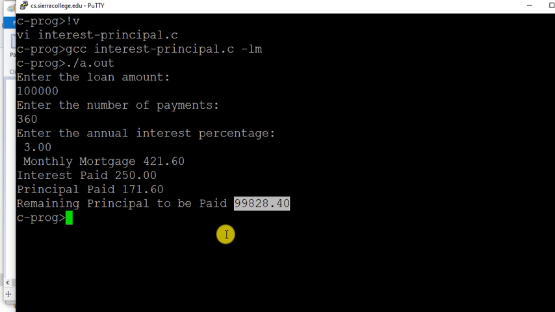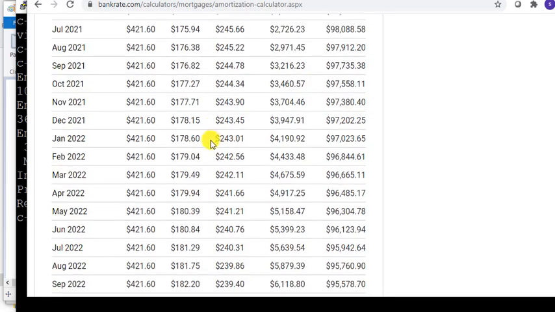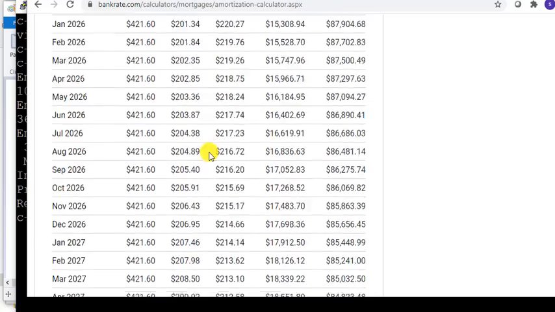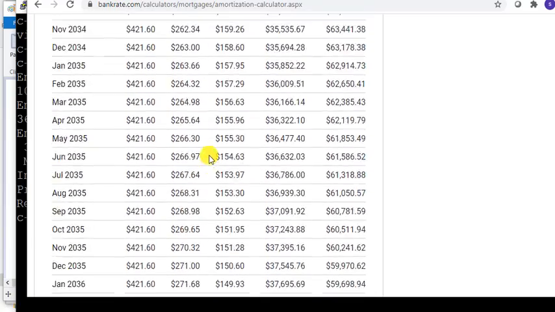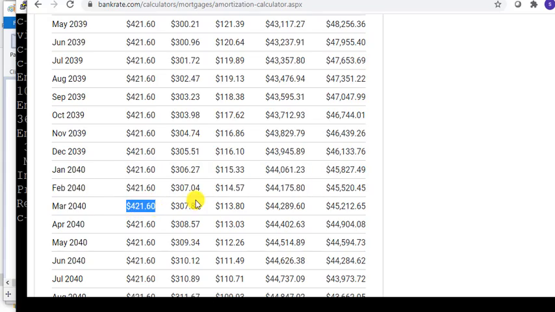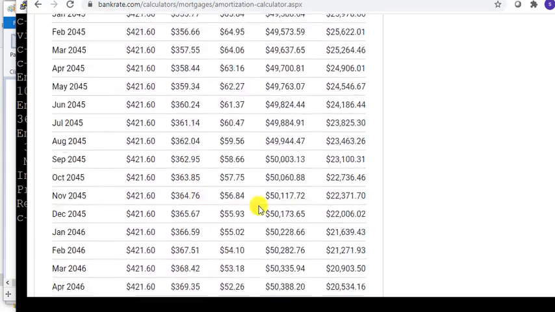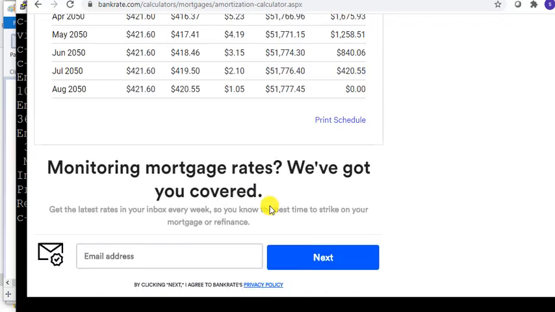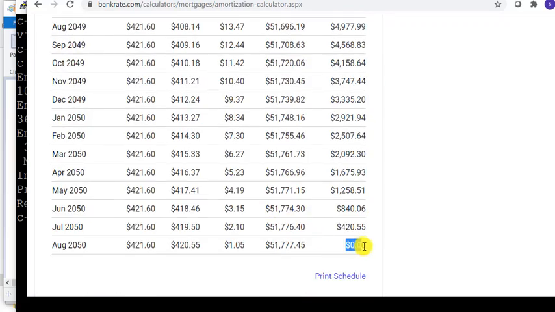So go ahead and do this for all 30 years, 360 months. You need to calculate as you go. See that the monthly payment remains the same. If you scroll down all the way, eventually the balance becomes zero. You see that the principal is 420 and the interest is $1 at the end of August 2050.